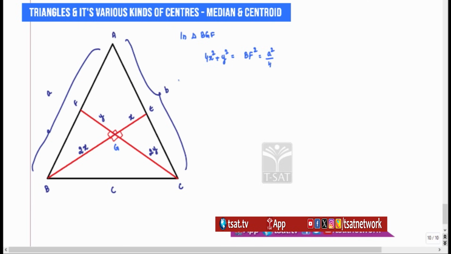In triangle CGE, I would say x square plus 4y square, Pythagoras rule I am taking, CE square is equal to B square by 4. Add both of them. 5x square plus 5y square is equal to (A square plus B square) by 4.